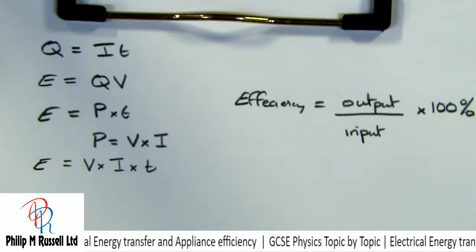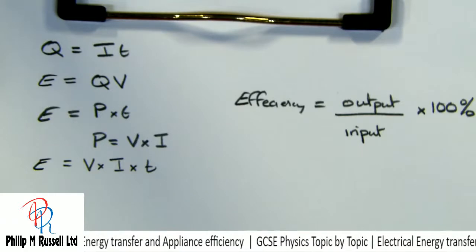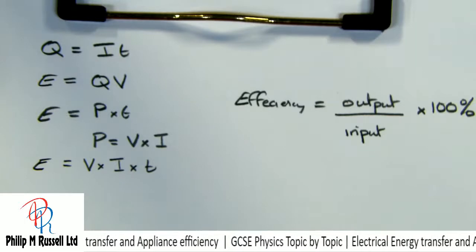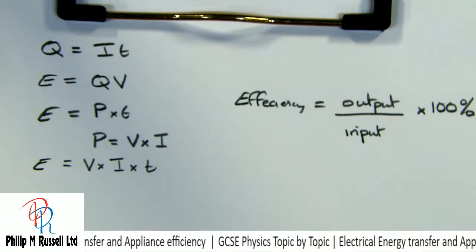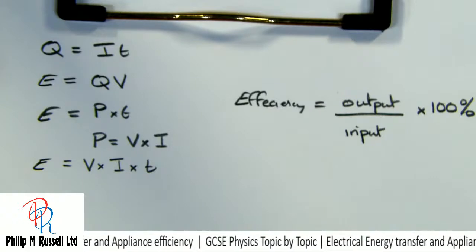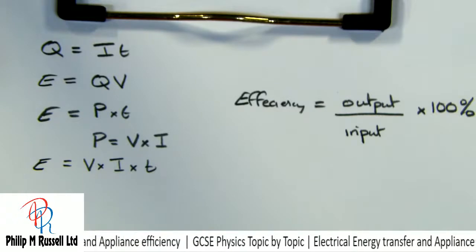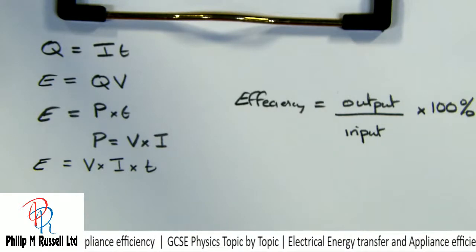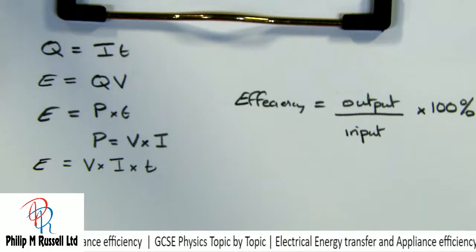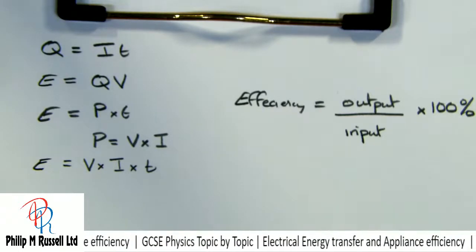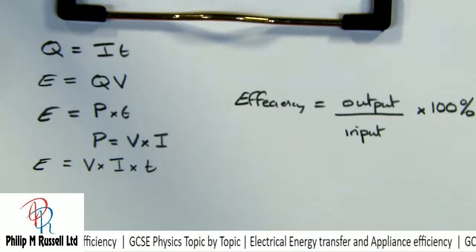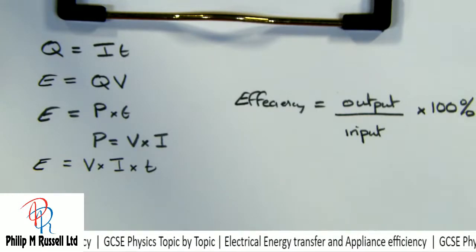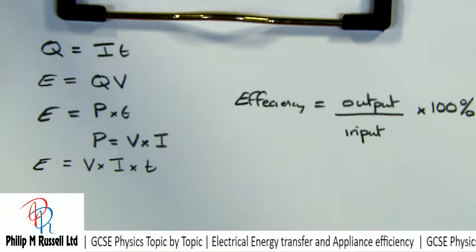Now, what we can do is we can look on many devices and we can see how efficient they are. And when you buy a new device, then we often get a picture that looks something like this. We'll just pull it up for you. There's a little pause while we try and locate the picture. Alright, it'll come in a moment.